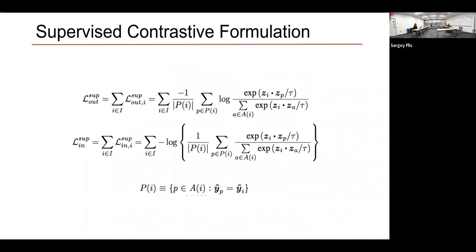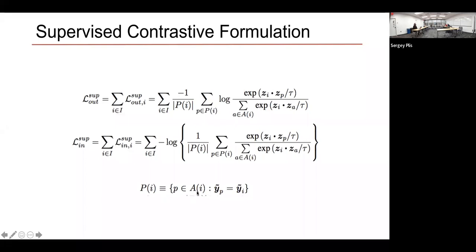And for the supervised contrastive formulation, they actually tried out 2 kinds of formulations, but later on they found that not all formulations work consistently. Only one of them works better than the other. So now they have multiple positive samples.